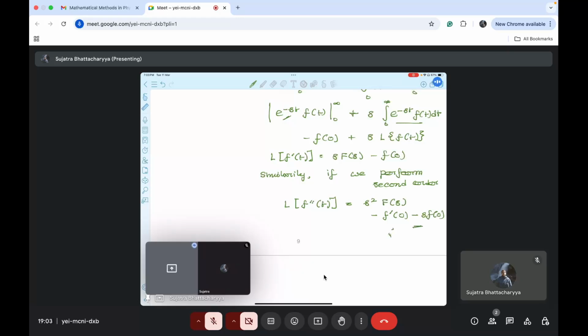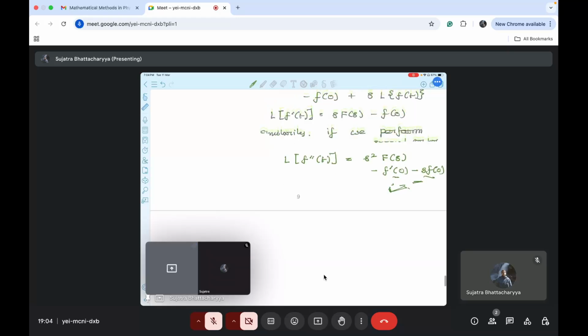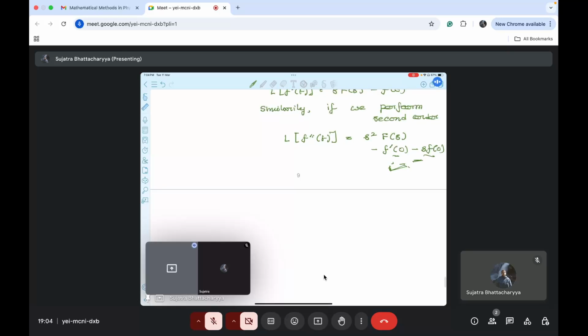Please remember this. You can see that this integral will be twice. So it is s square F(s) minus f dash of 0 minus s into f of 0. That is an important property we must remember, particularly for solving the ODE.